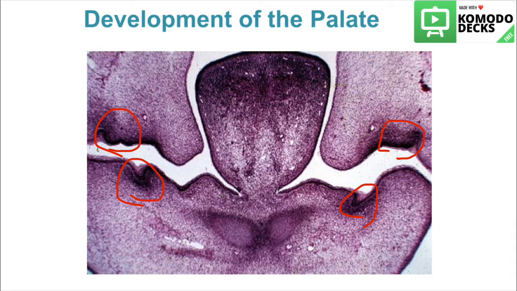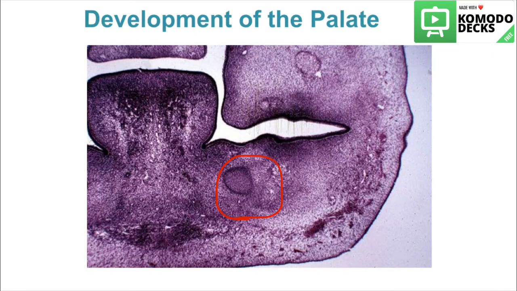These are the epithelial thickenings around these areas, with mesenchymal thickening around them. You can also see the Meckel's cartilages, which are more obvious here, and the maxillary process and the mandibular process continuing to fuse together to form the cheeks.